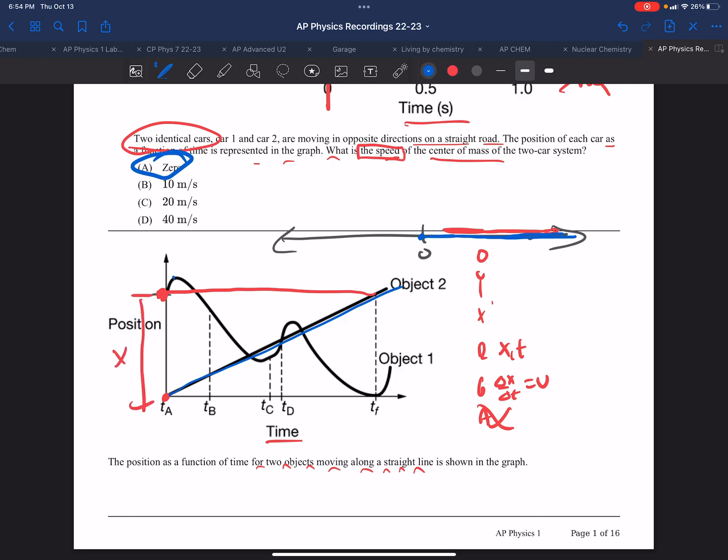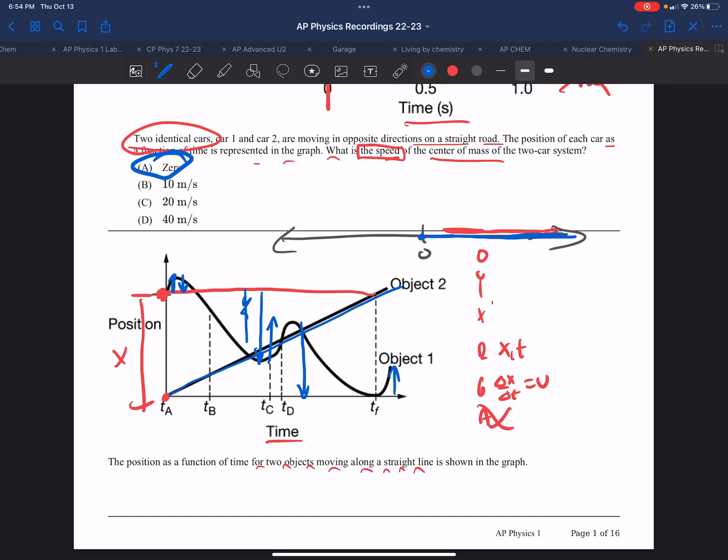Now, the other one has traveled this distance going in that direction, and it travels the same distance again going in that direction. And then it travels this distance getting to there, and then it travels this distance getting to there, and then that distance again.